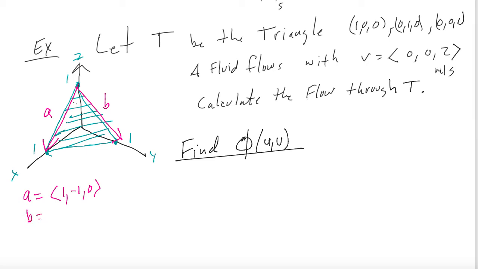And then B is that one minus that one, 0, 1, negative 1.